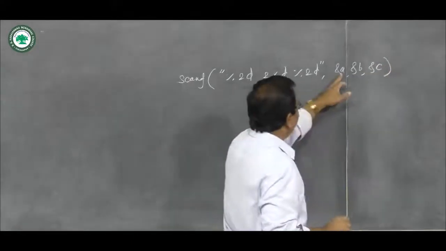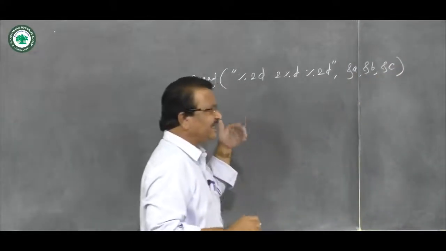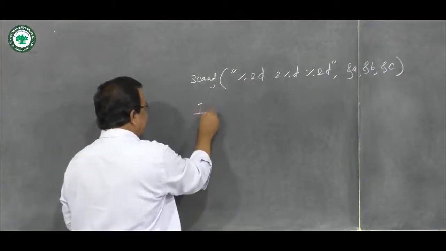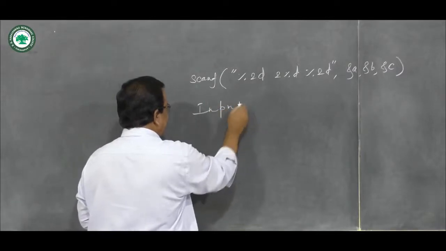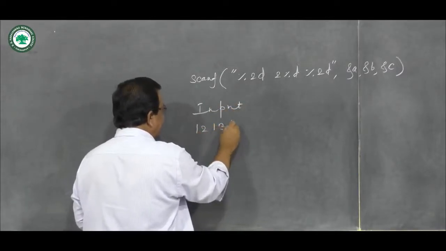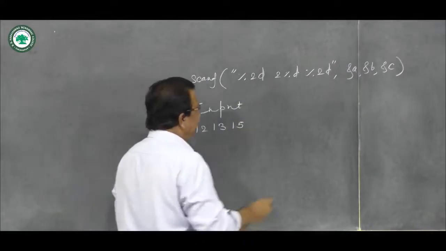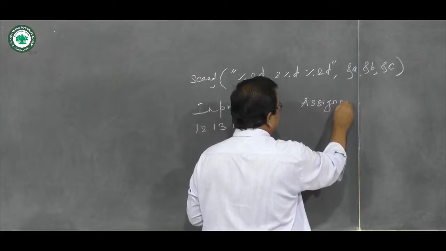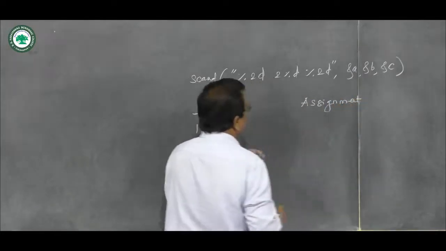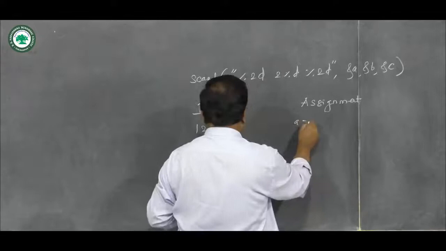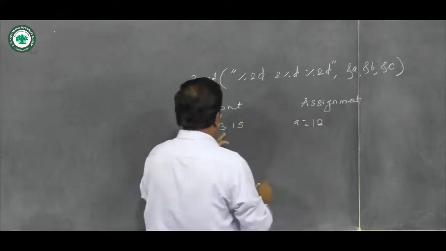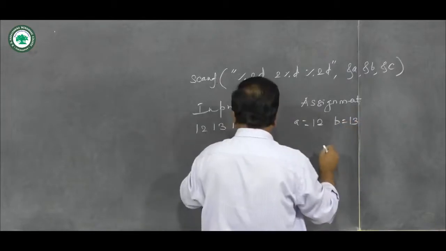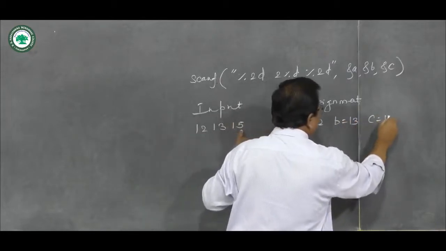All of a, b, c have data type integer, and if I give input something like 12, 13, 15, then in a, 12 will be stored, in b 13 will be stored, in c 15 will be stored.